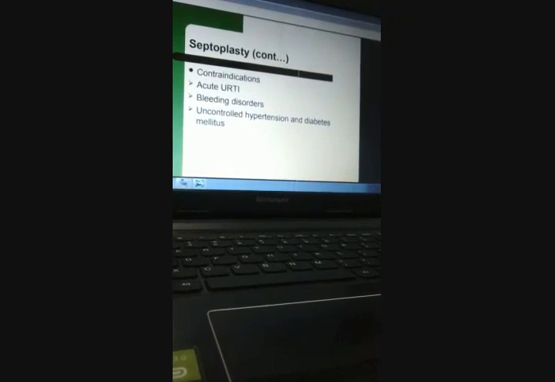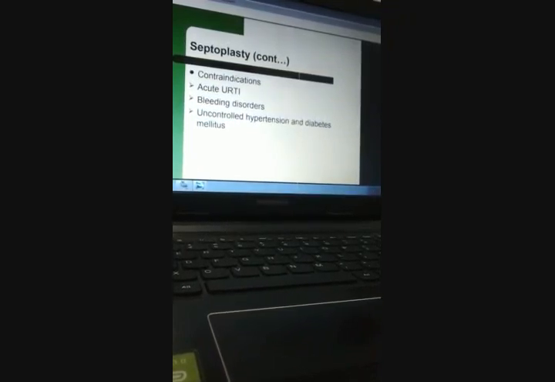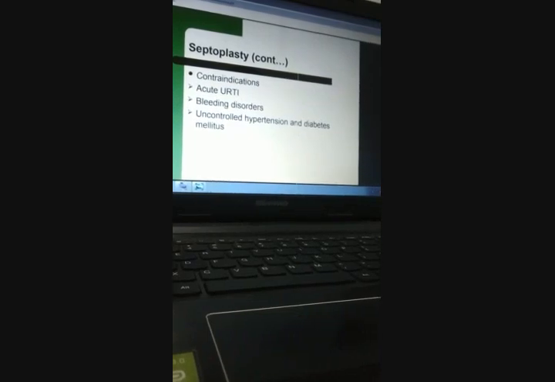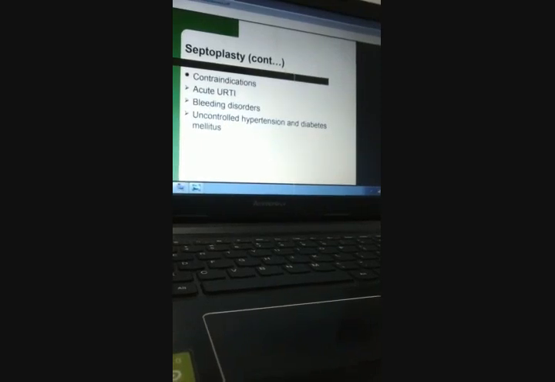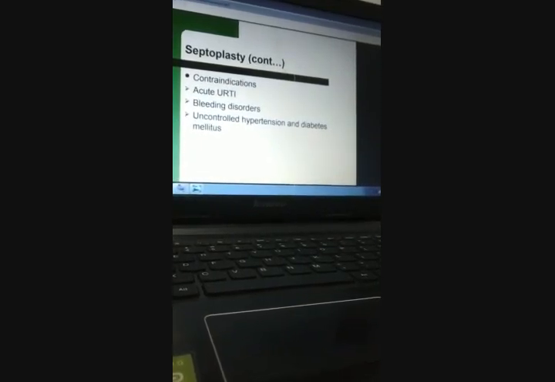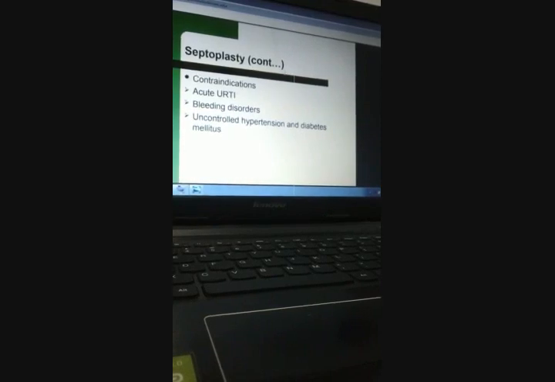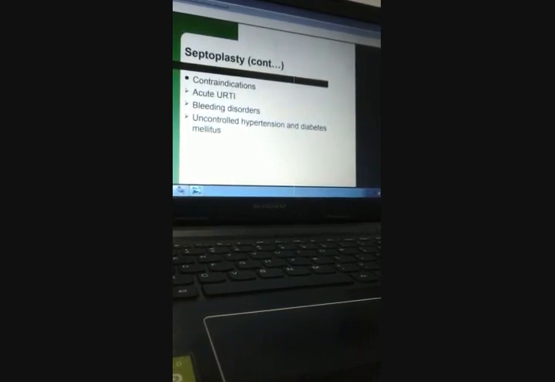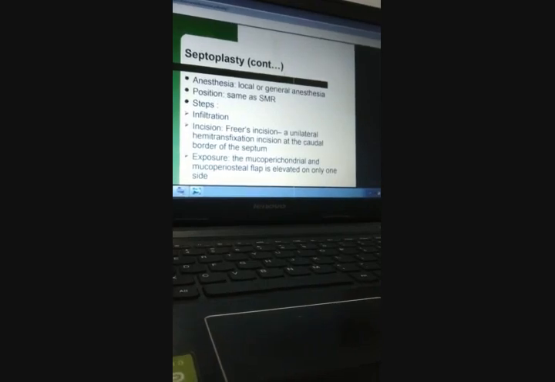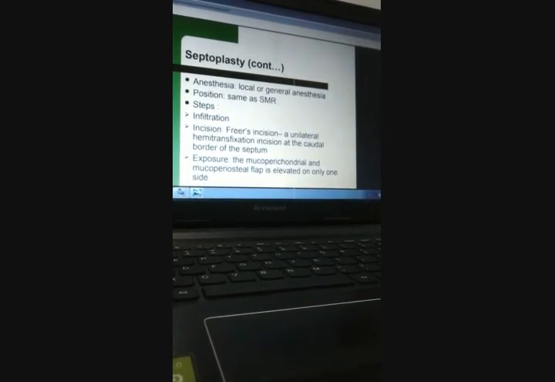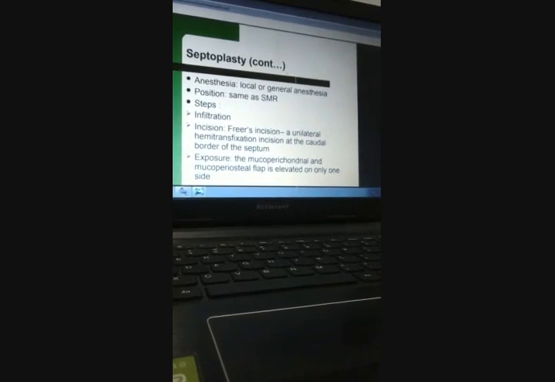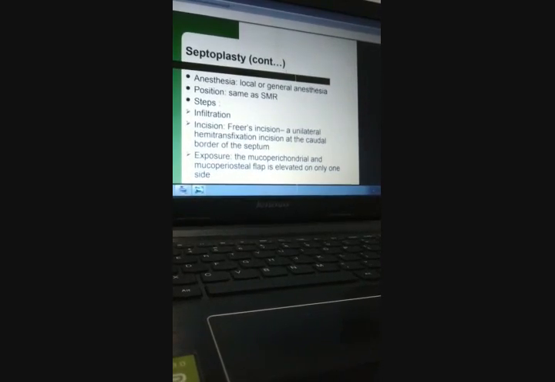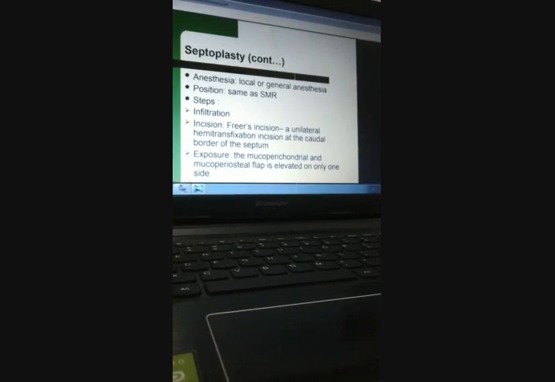The only thing is that this operation can be done under age, where in children less than 17 years old, even if there are severe symptoms of blockage of the nose, carefully we do septoplasty operation. Now in anesthesia, local and general anesthesia and position same as in SMR operation.